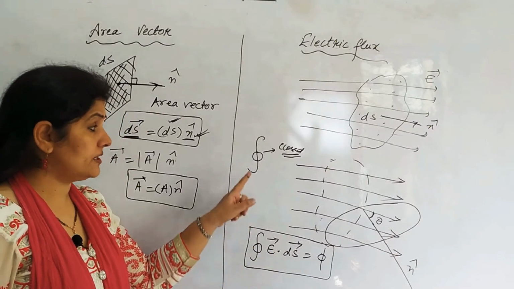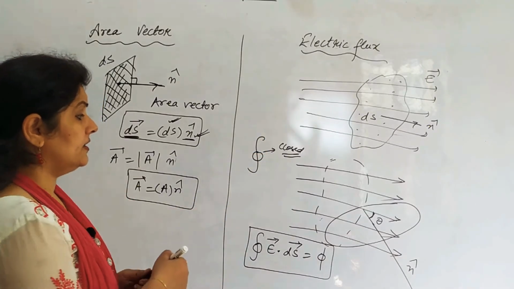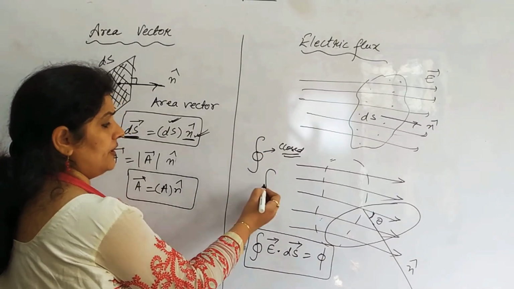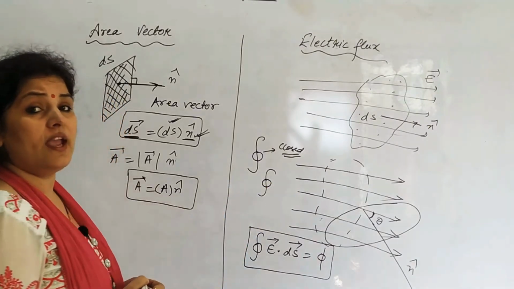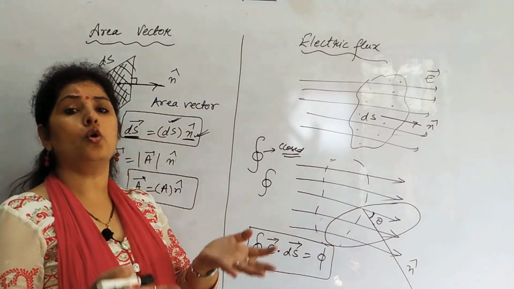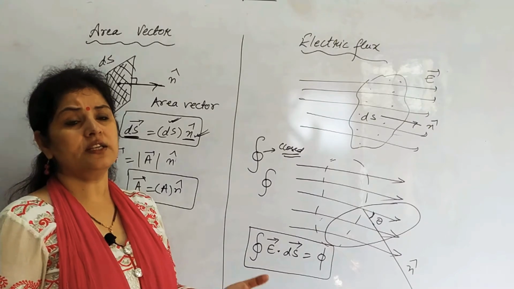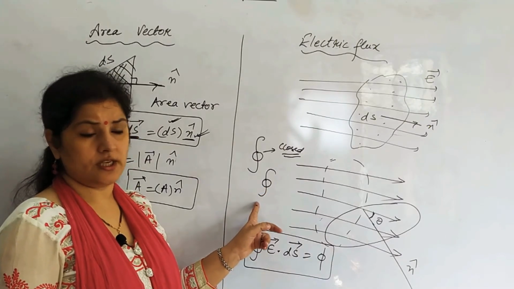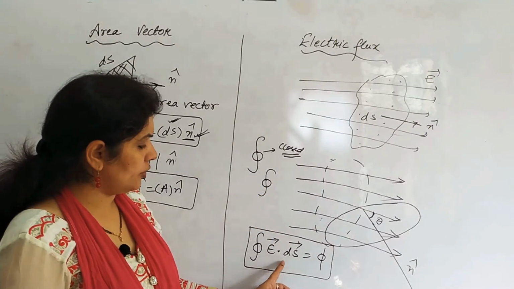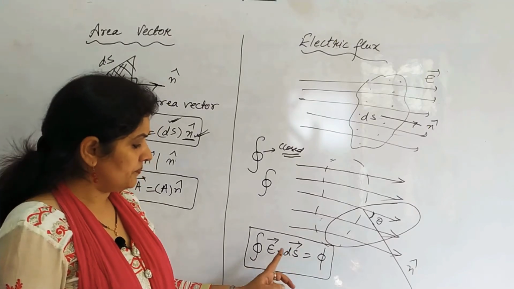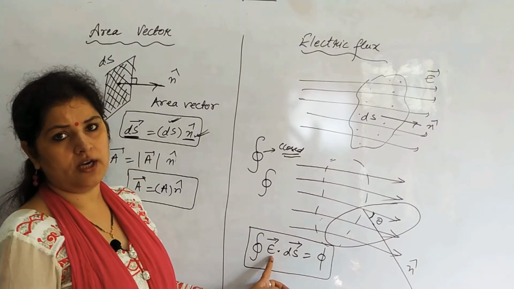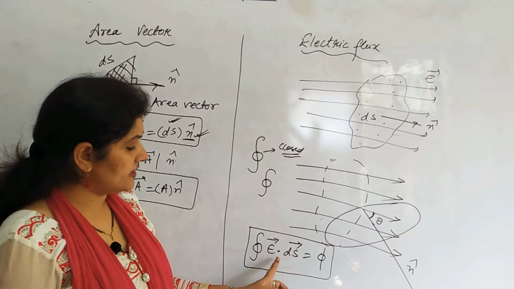Right? Bio students especially, if we are taking this as the simple integration, if we are writing this, it means we have taken the surface integral of a closed surface. We are considering it as a closed surface. So phi is equal to the closed surface integral of E dot ds. Closed surface integral of electric field is called electric flux. So let us find its SI unit.